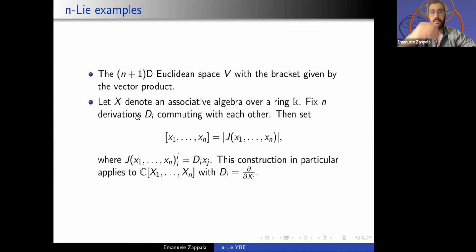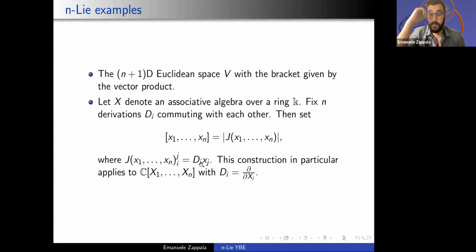And also you can take the bracket to be basically the formal Jacobian, the determinant of basically the derivation operators over an algebra that they're just required to commute.